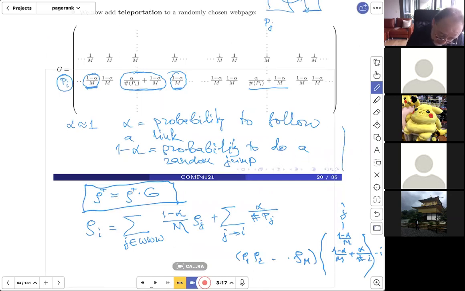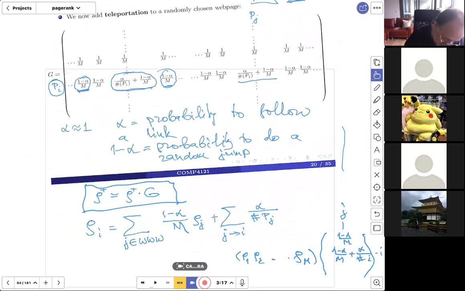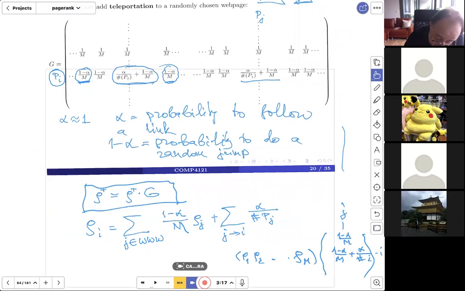The problem is that it is no longer sparse, because we have non-zero entries absolutely everywhere. The problem with such a matrix is that it's of size trillion by a trillion, so a dense matrix of this size you cannot even store on your computer.